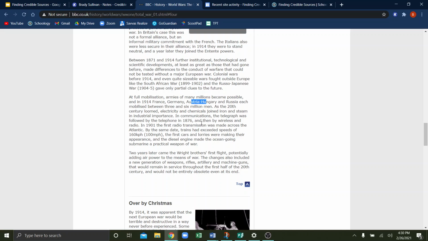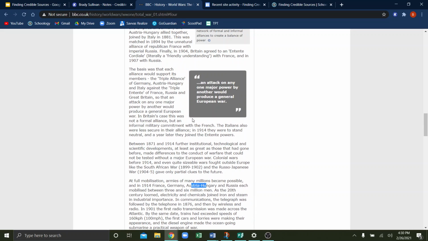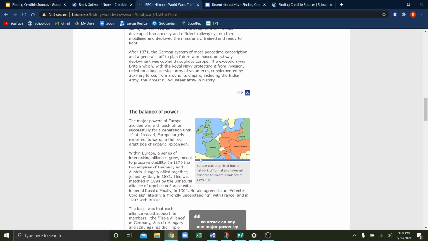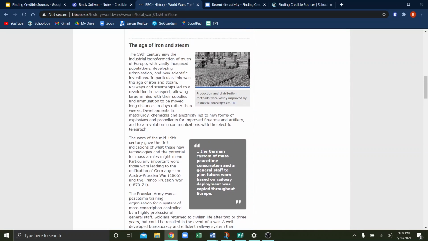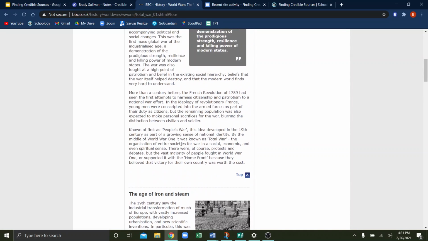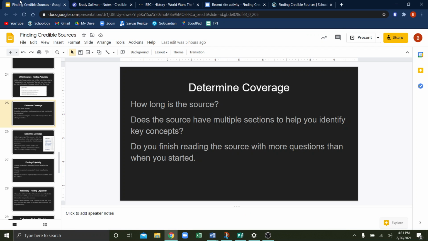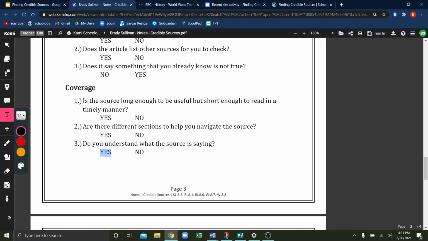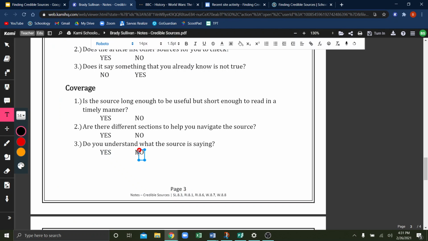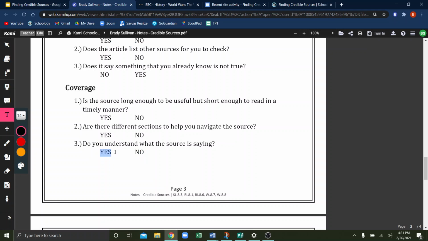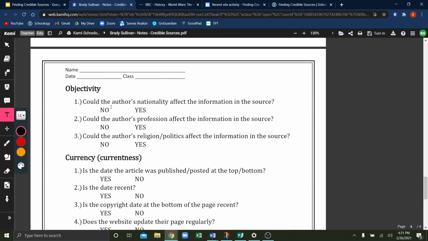If you don't know what Austria-Hungary is, or any of those other terms, then this isn't really useful to you, is it? So if that's happening, then this isn't really a source that you want to use. Now, for our purposes of demonstration, we're going to say yes. We're going to pretend we understood this source since we're not reading it.